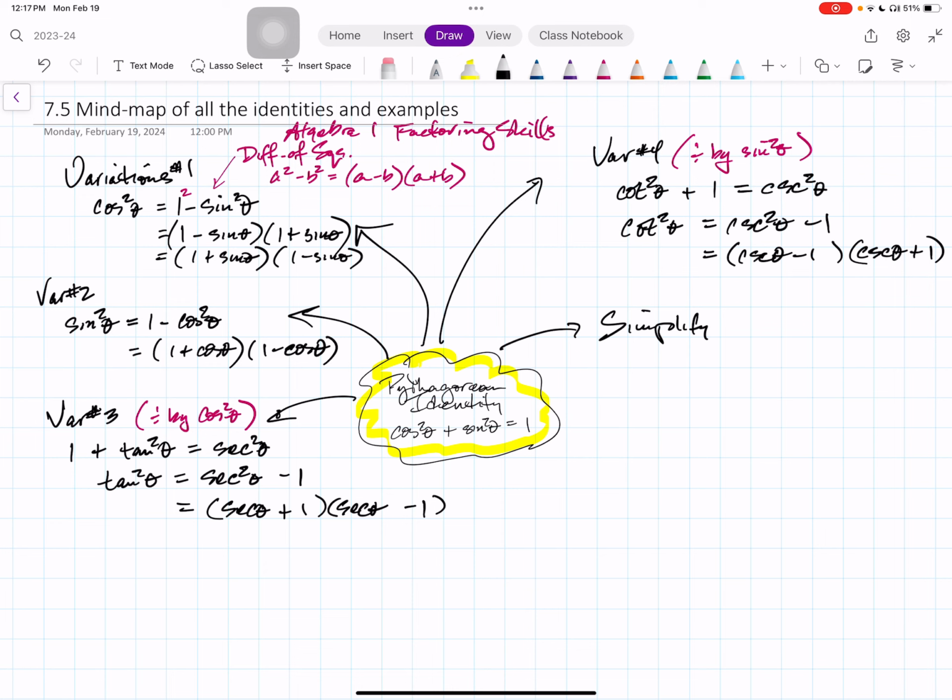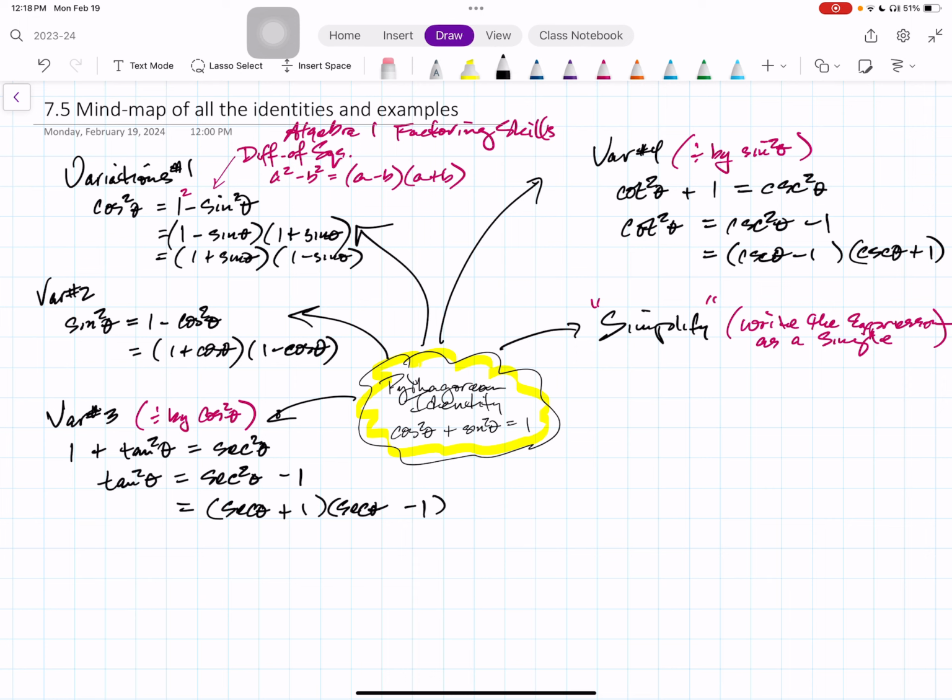All right, when we simplify here, we want to take a complicated expression and write it in simpler terms or as a single term. So in your homework, it said, try to write the expression as a single term, to simplify it, make it from complicated to simple.